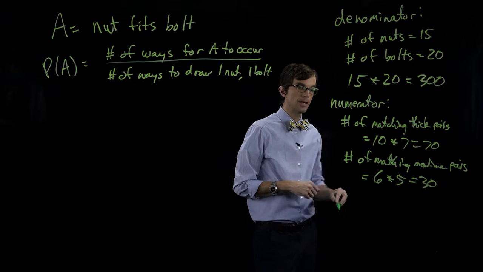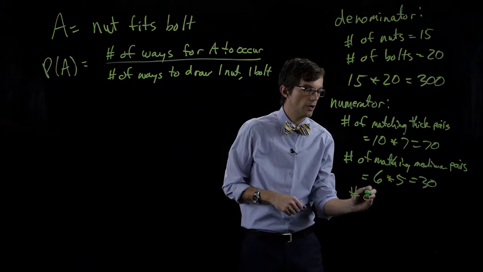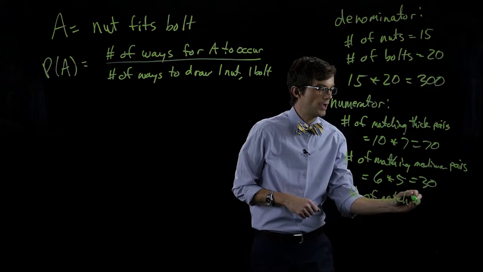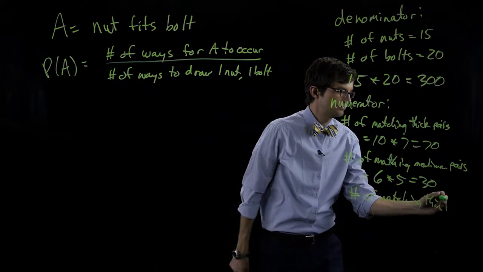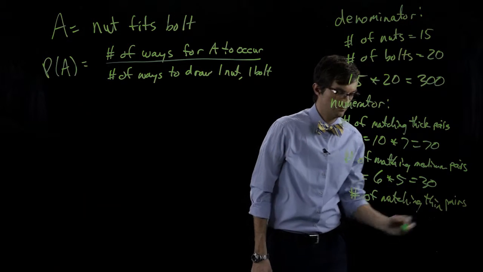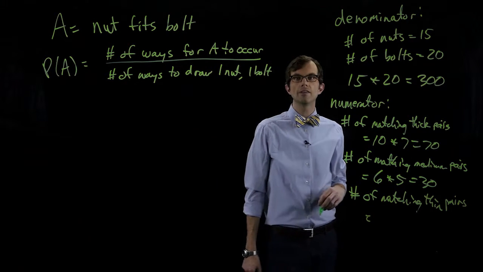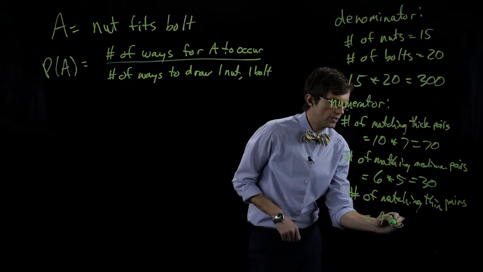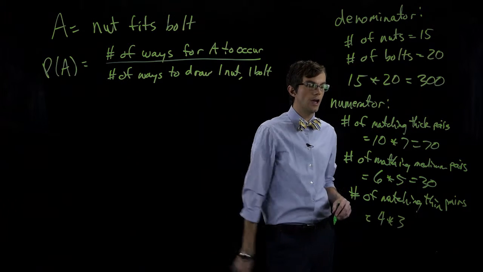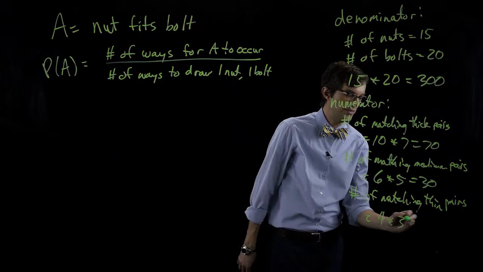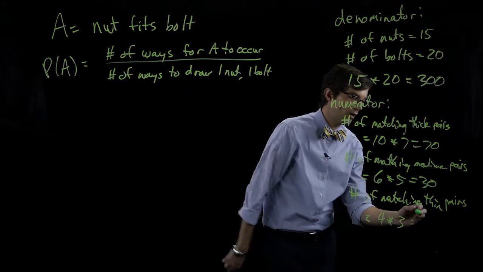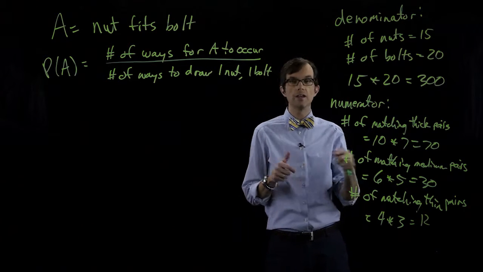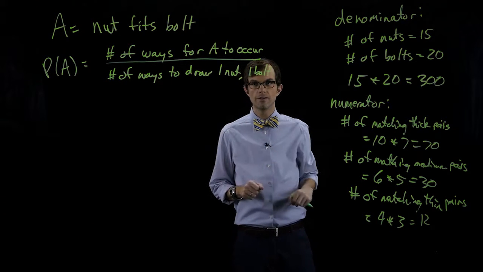Then finally, we've got the number of matching thin bolt pairs. We said that there were 4 thin bolts and an associated 3 nuts that fit those thin bolts. That would give us 12 different matching pairs, 12 different ways to match a thin bolt and a nut that fits a thin bolt.